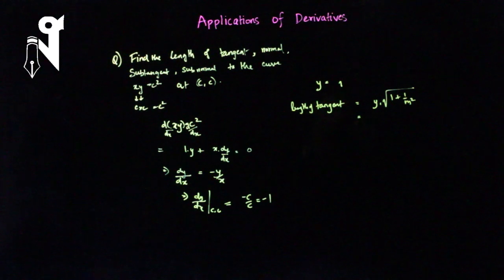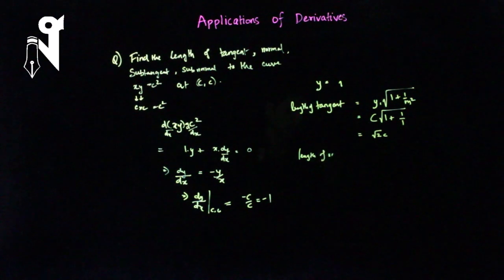So this one is equal to c under root 1 plus 1 by minus 1 square, that's just 1. So root 2 c. Similarly, length of normal is c under root 1 plus minus 1 square, that is also root 2c.